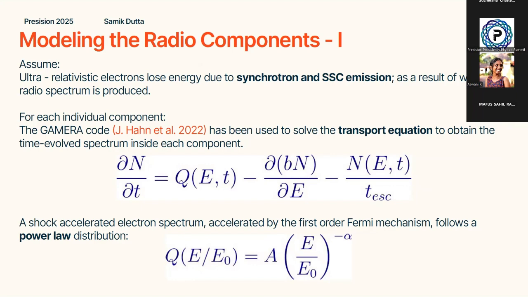Q is our injection spectrum, which we have assumed to be a power-law spectrum, since it is accelerated by a first-order Fermi mechanism. B is our energy loss terms, and the escape timescale is the amount of time it takes to escape from the accelerating region.